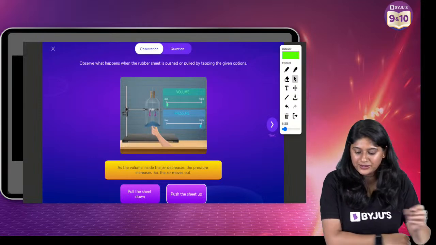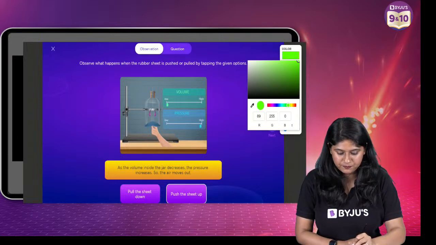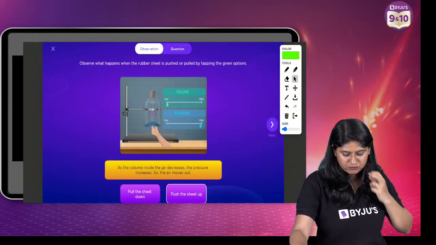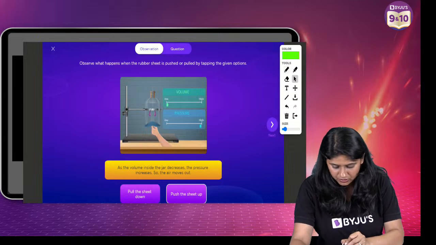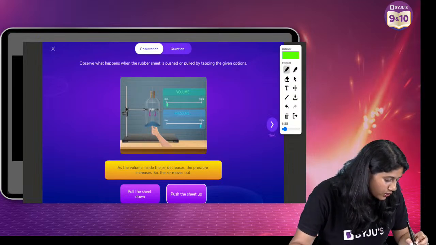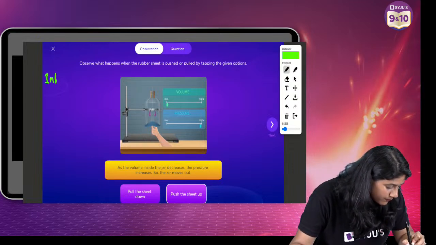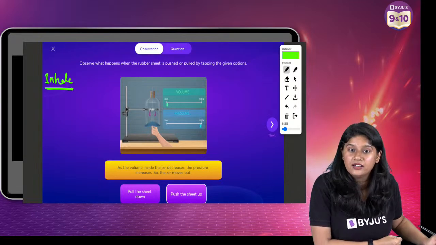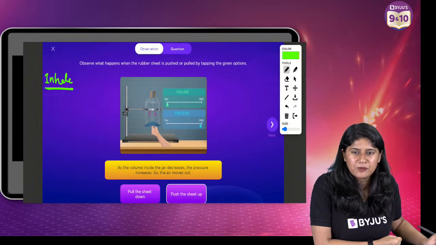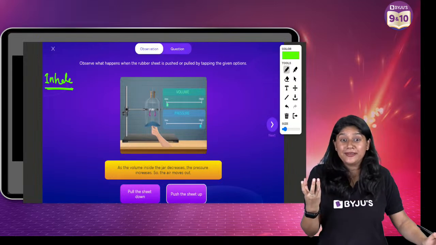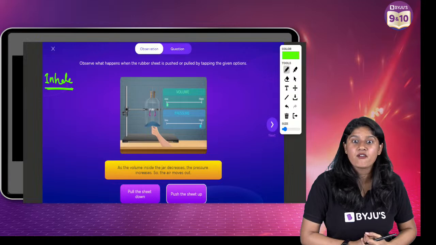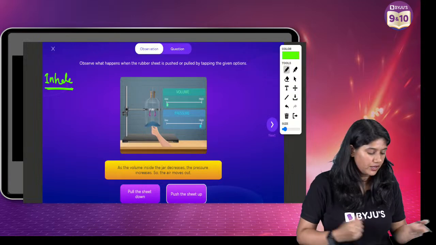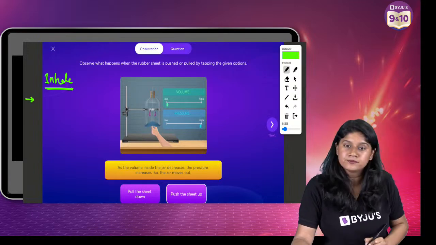Everyone, there's an easy way to remember this. See over here. Inhale. Everyone, what will happen if we inhale? Can you help me with writing what happens if we inhale? Everyone, just stay focused. I'm explaining it again. When we inhale, what happens?